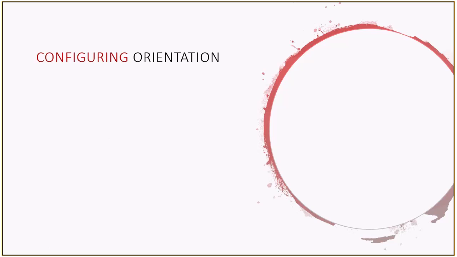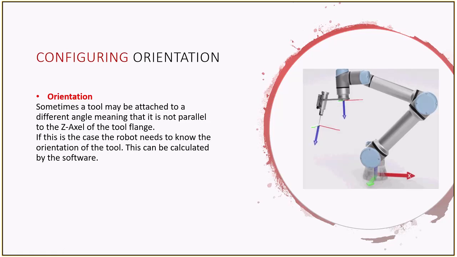And to do so, sometimes the tool may be attached to a different angle, meaning that it is not parallel to the z-axis of the tool flange. In this case, the robot needs to know the orientation of the tool, but it's going to be calculated by the software, because you cannot do it by just measuring things, because otherwise it's going to be all over the place.